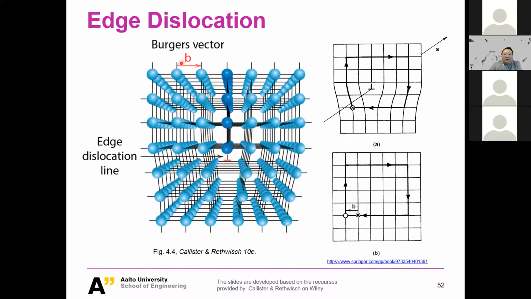And another thing is called the Burgers vector. This is a description to basically describe the relation between your misoriented atoms with respect to the perfect crystal. And here I tell you how this Burgers vector is derived. The derivation is also rather simple.